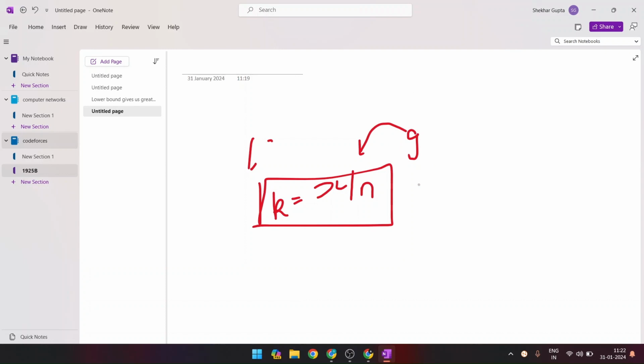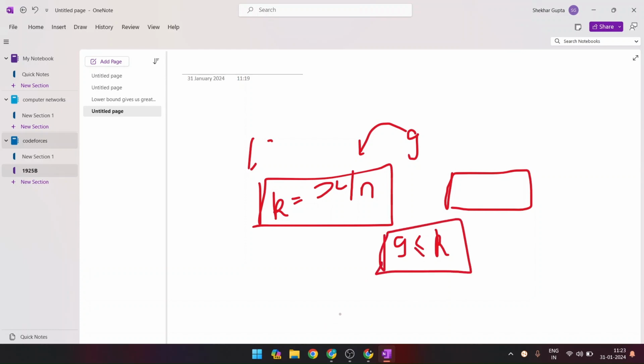Now I am using lower bound, which tells me that you have to find a factor in that vector of factors such that your g should be less than or equal to k. So I will use lower bound to find this. How do we do it, right?